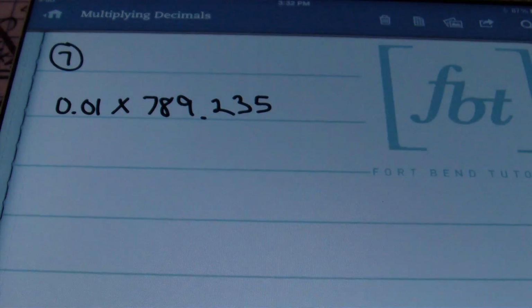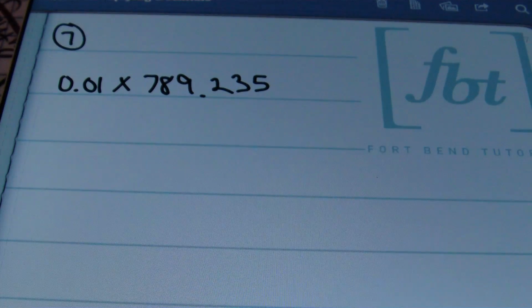Here in problem number 7, I have 100ths times 789 and 235 thousandths. So this is 100ths times 789 and 235 thousandths. Right. Well, you're asking for a shortcut.